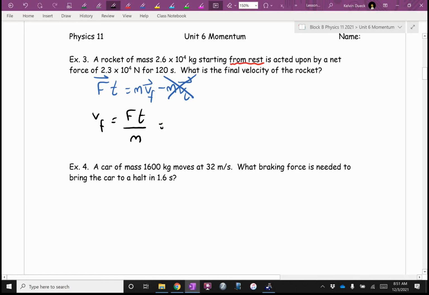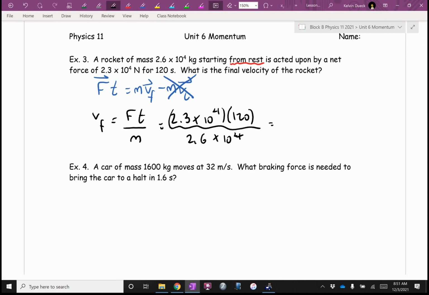Force, 2.3 times 10 to the 4th. Time, 120. Mass, 2.6 times 10 to the 4th. This is good review of how you enter scientific notation on your calculator, so this would probably be worth trying out.